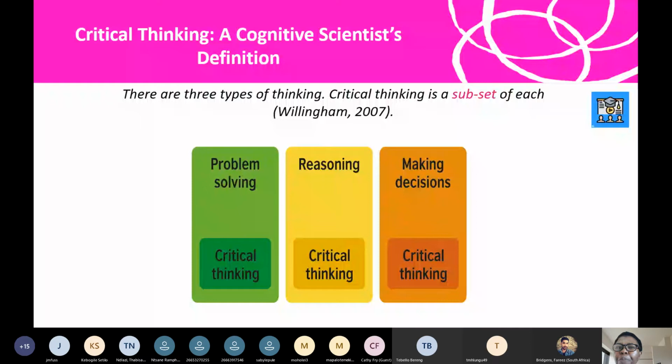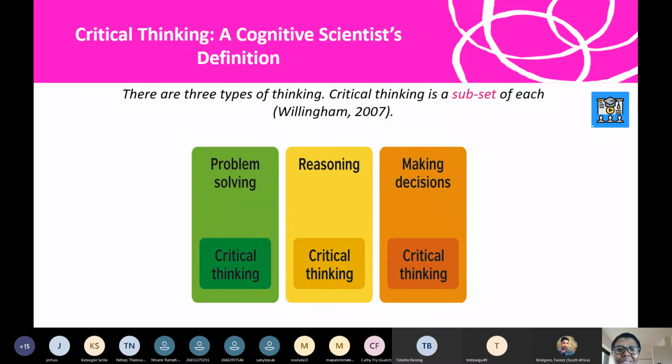If I can take you back to the activity on SDGs, when you were making an action plan, what was required there was for you to critically think about Lesotho and basically say, what problem do I want to assist in? And it required you to reason, and basically you came to a decision that out of all these SDGs, this is the one that I want to zoom in on.